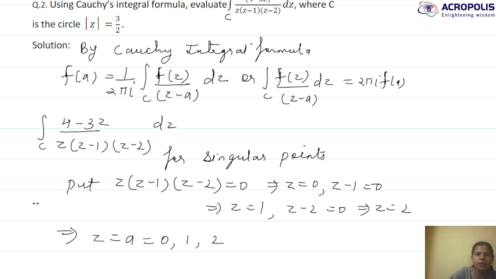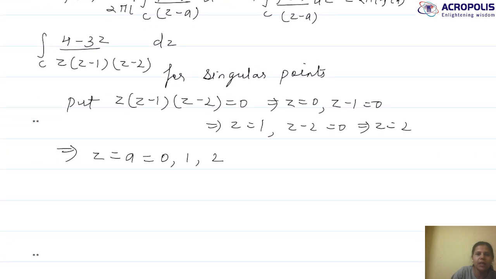First you need to check what is given: mod z equals 3 by 2. You need to check whether each point lies inside or outside. Let this be equation number first.